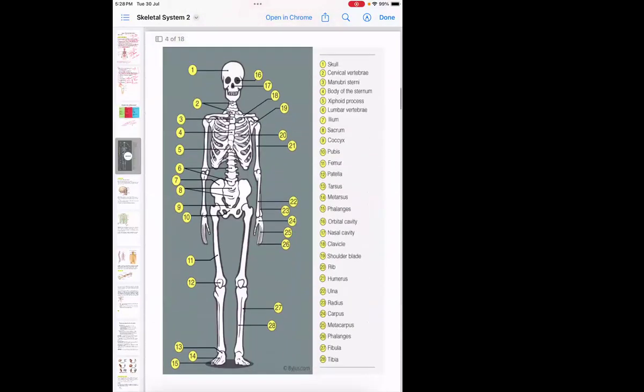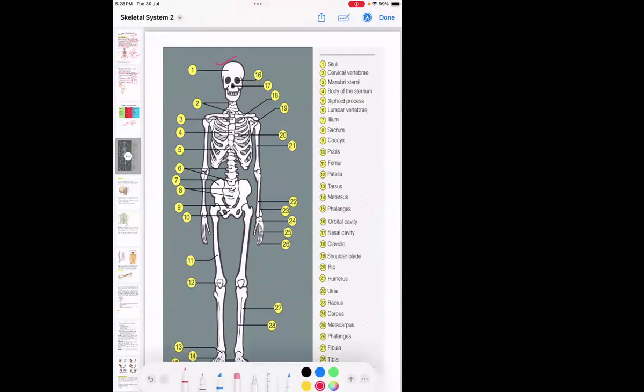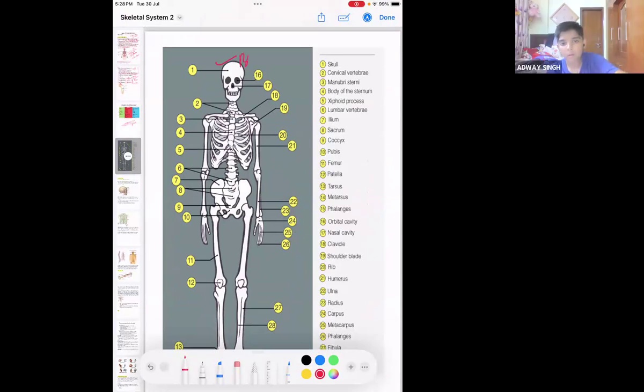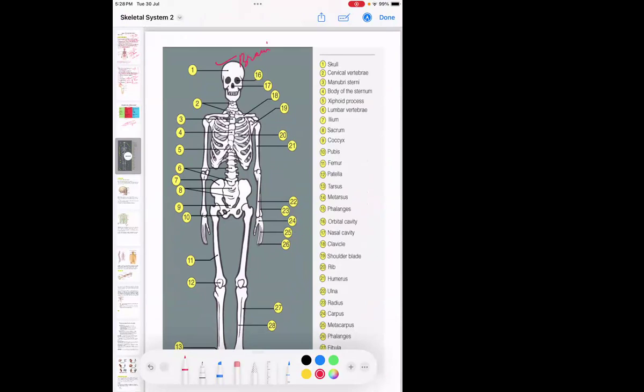Now, coming to the different bones or different parts of the skeletal system of our body, the first one is the skull. In the skull, which organ will be present? Ma'am, brain. Very good. The brain will be present in the skull. The second one is the cervical vertebrae.